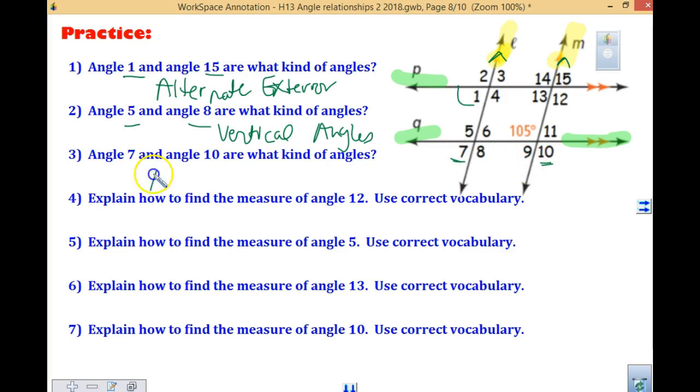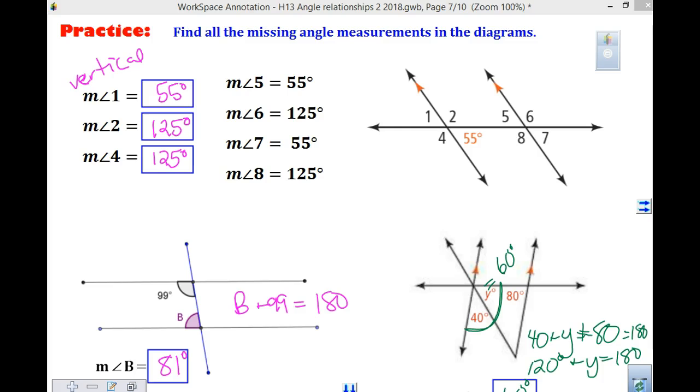Alternate exterior. And are they alternating or same side exterior? When we look at that, are they on the same side of this transversal line here? They're on the same side. So this one should be same side, and it should be exterior. I agree with the exterior part. So the first part of your homework is going to ask you to reference how do they look, comparing them.